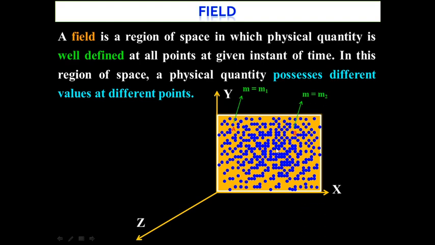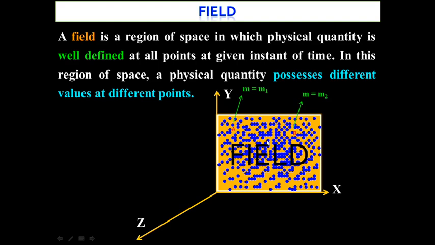So at different points the physical quantity possesses different values. So this shaded region or this yellow region is simply known as field. The examples of field are electric field, magnetic field, gravitational field, etc.